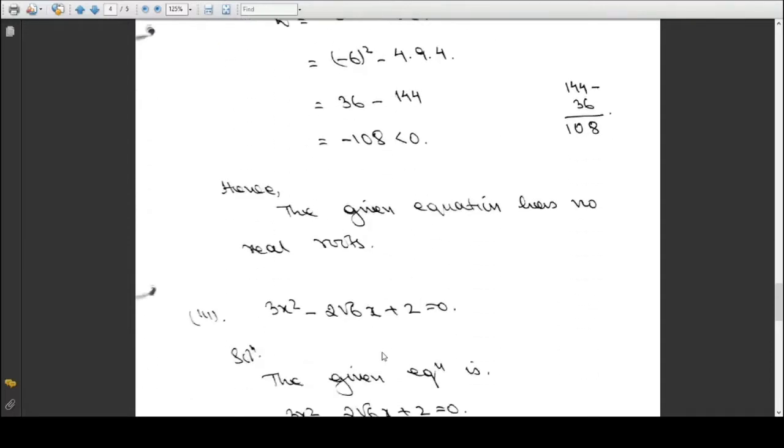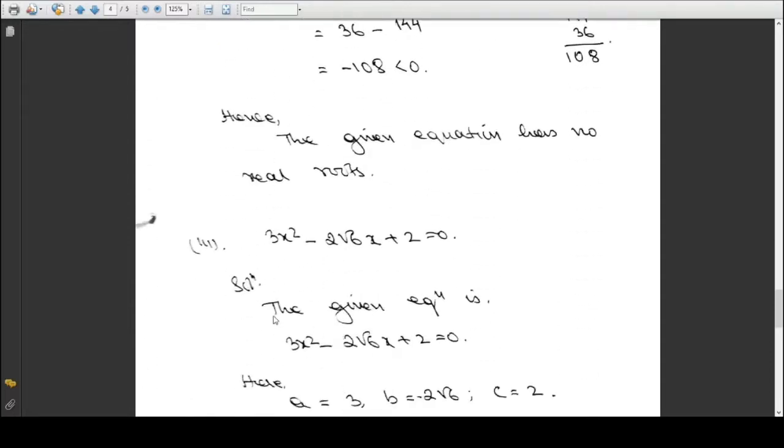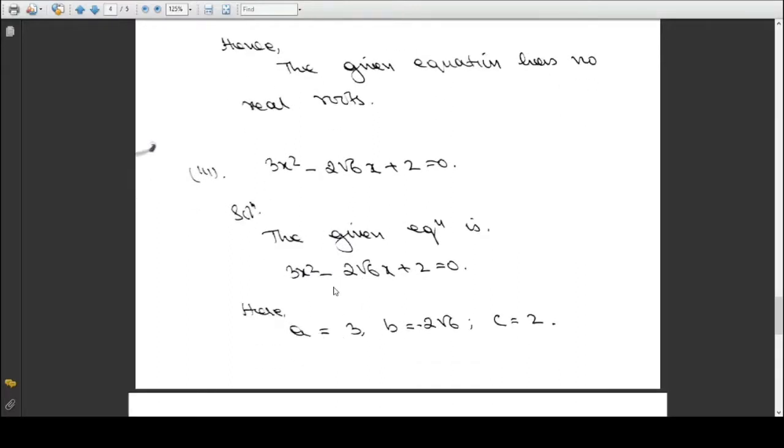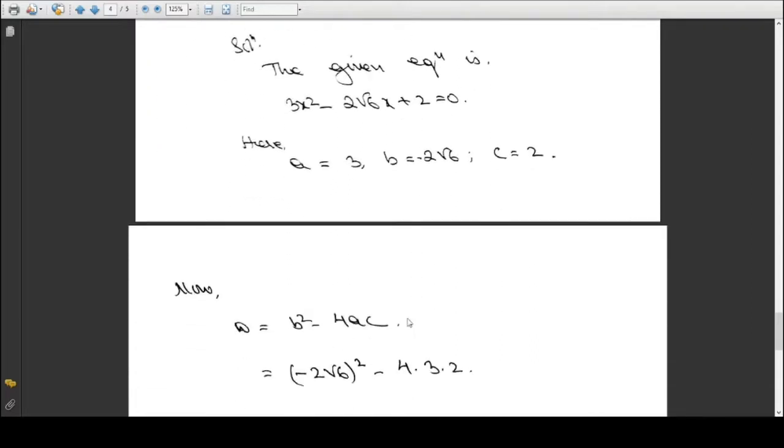Okay. Now number 3, the given equation is 3x squared minus 2 root 6 x plus 2 equals 0. Comparing here also with the standard equation, A is 3, B is minus 2 root 6 and C is 2. Now what is B squared?